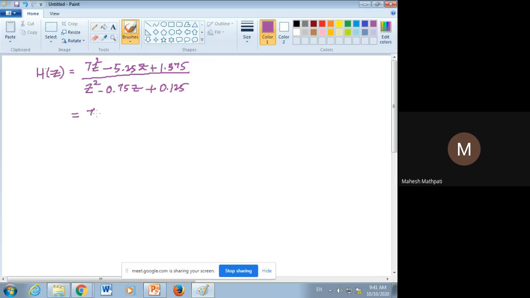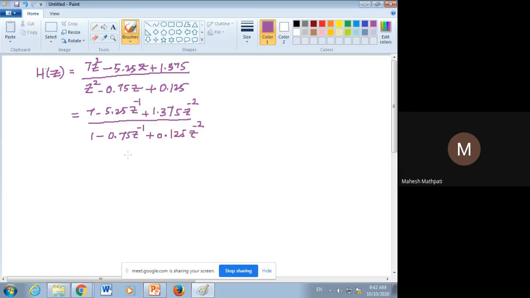Write it as 7 minus 5.25 z inverse plus 1.375 z power minus 2, divided by 1 minus 0.75 z inverse plus 0.125 z power minus 2.